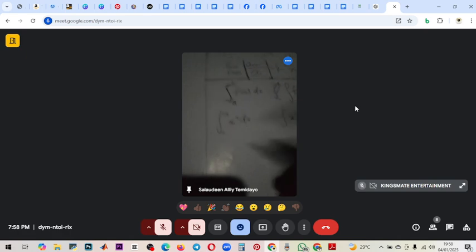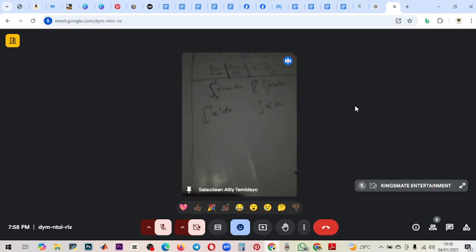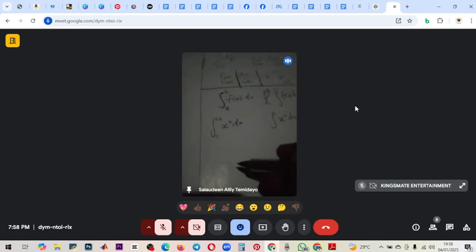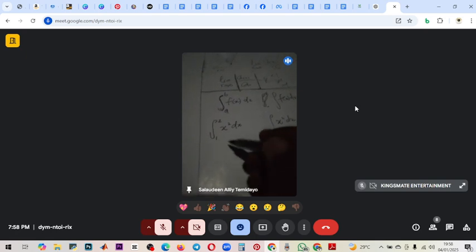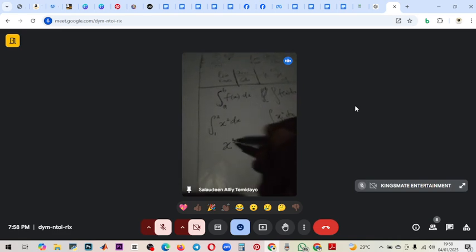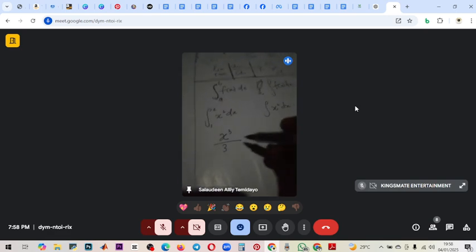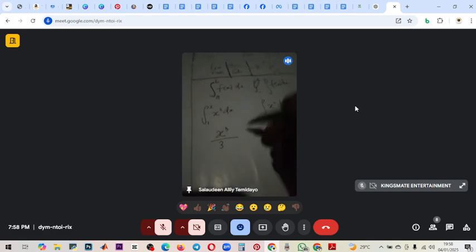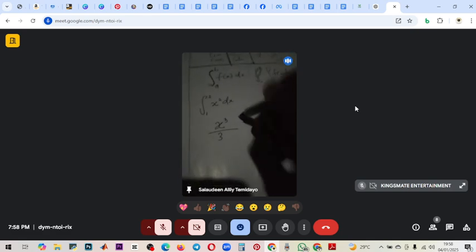This one is going to have an exact, specific value. Integrate x raised to power 2. I don't know if you still remember how to integrate. It's going to be x raised to power 2 plus 1, that is 3, all over 2 plus 1, that is 3. So this is the way to integrate this function. I've just integrated it, but because of the 2 and 1 that are here, it's going to be like this.